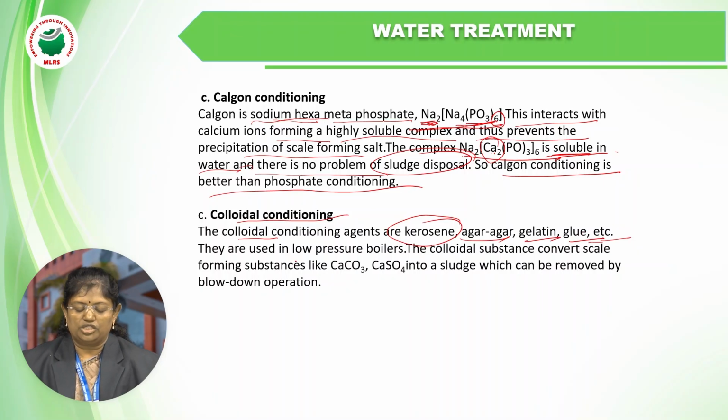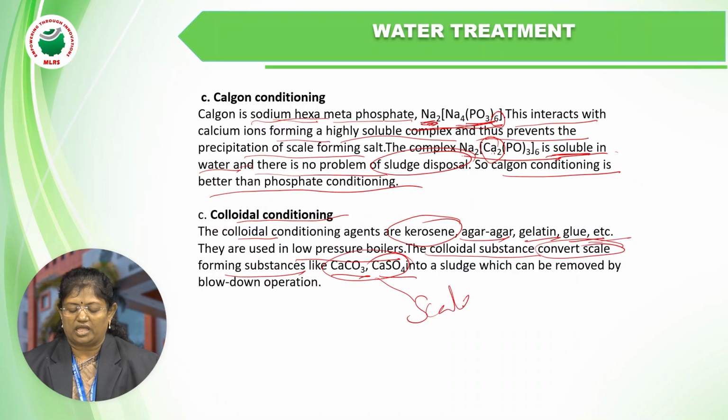Now, they are used in low pressure boilers. The colloidal substances convert the scale forming salts like CaCO3, calcium carbonate, and calcium sulfate, which are responsible for the formation of scales, into sludge. Sludge can be easily removed through filtration.